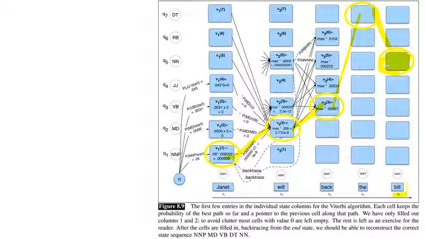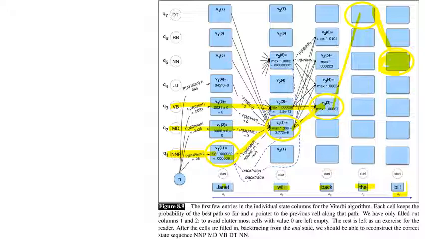Now, once you have traced back all these values, you know that the correct tags are, the first one for Janet is the first tag, proper noun. For Will is the second tag, model. For the word back is the third tag, verb in the base form.